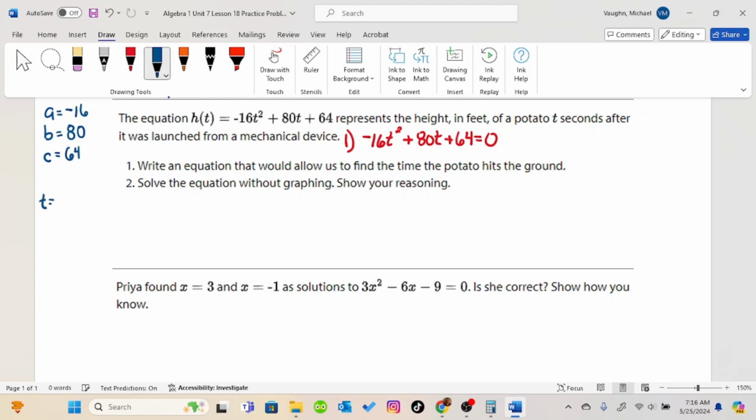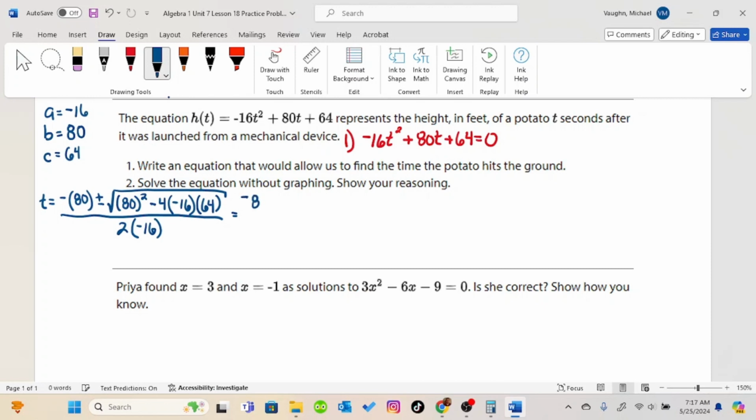So we're going to have t equals negative b, which is 80, plus or minus the square root of b, which is 80, squared, minus 4 times a, which is negative 16, times c, which is 64, all of this over 2 times a, which is negative 16.